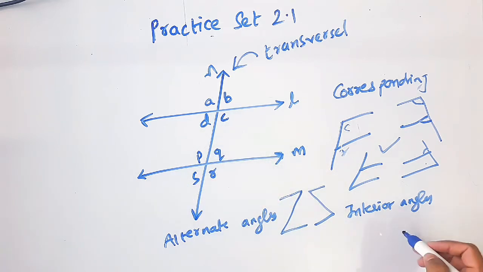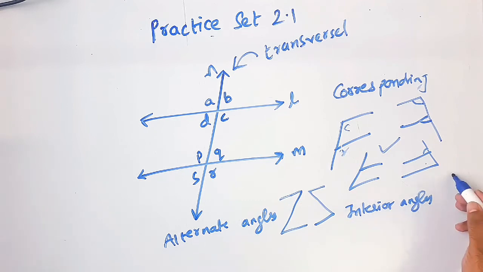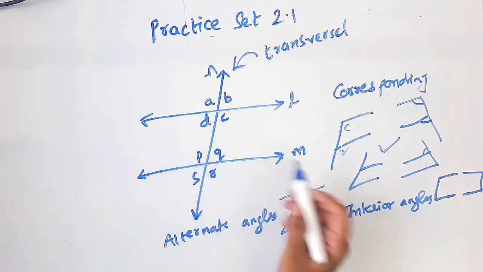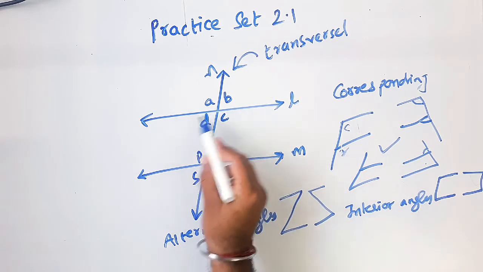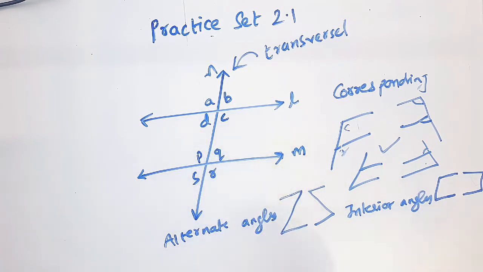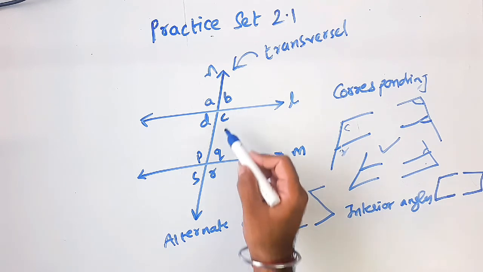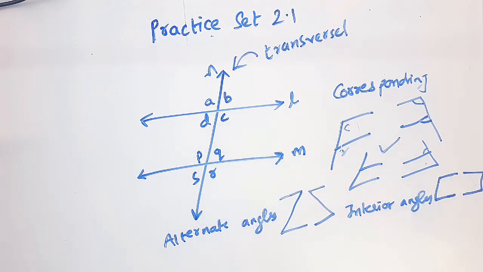And lastly interior angles. Interior angles form a box-like shape like this or like this. So here you can see D and P, they are interior angles. And C and Q, they are also interior angles.